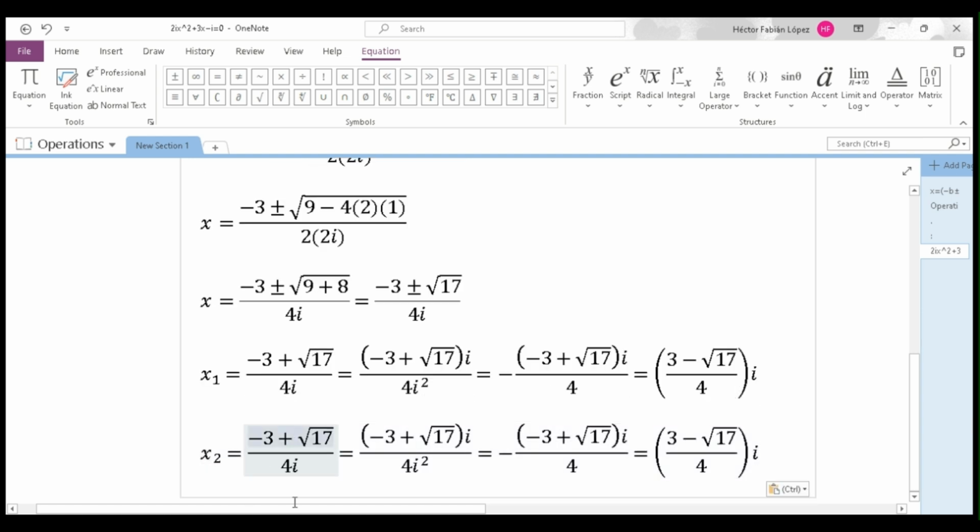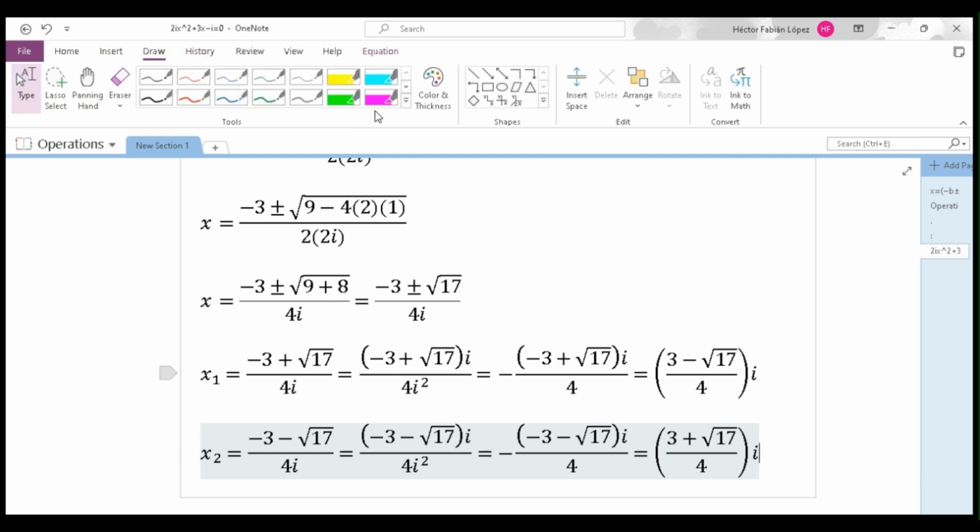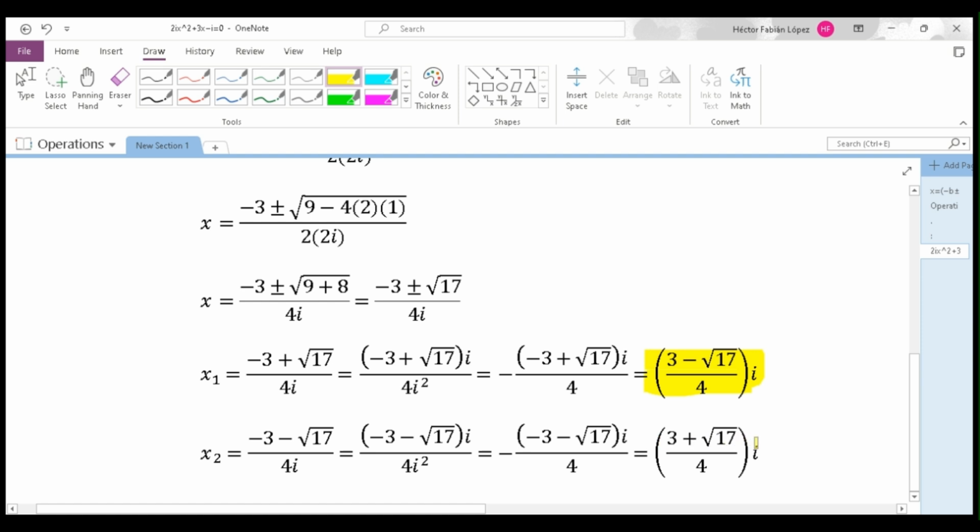Here is negative 2, and this negative times this negative, we will have positive. And then here we have our results, the first result and our second result. Okay, excellent. And then we found the answer.